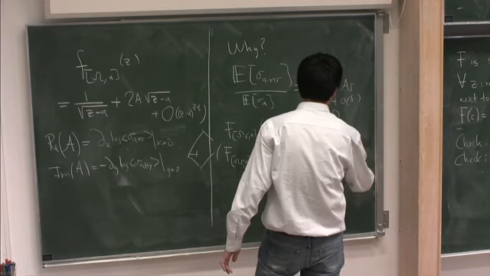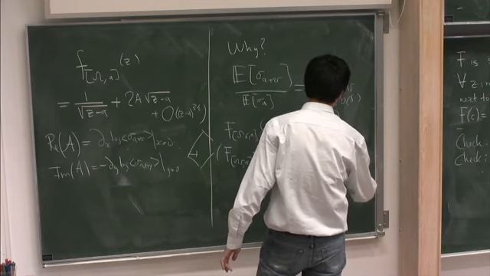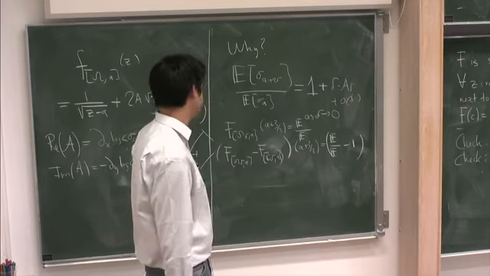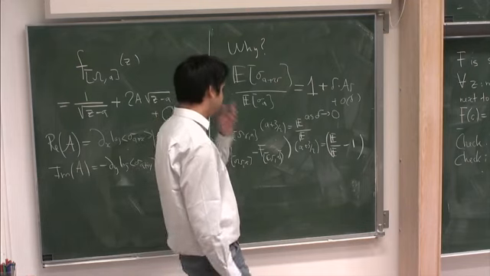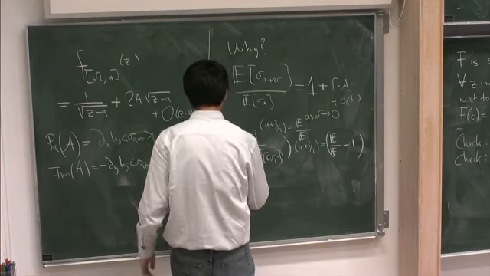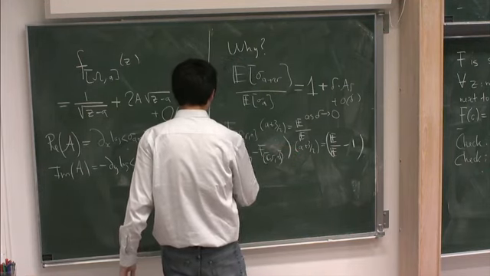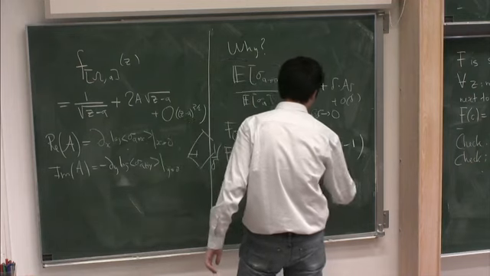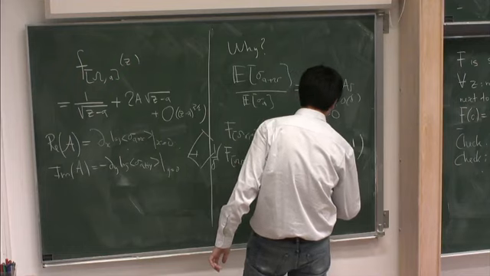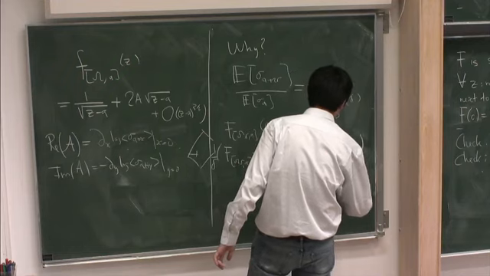You get the ratio of expectations minus 1. So something that goes to 0 as delta goes to 0. But what you can hope is that, if you take 1 over delta times this, you get 1 over delta times that. And now, maybe as delta goes to 0, you get what you want.